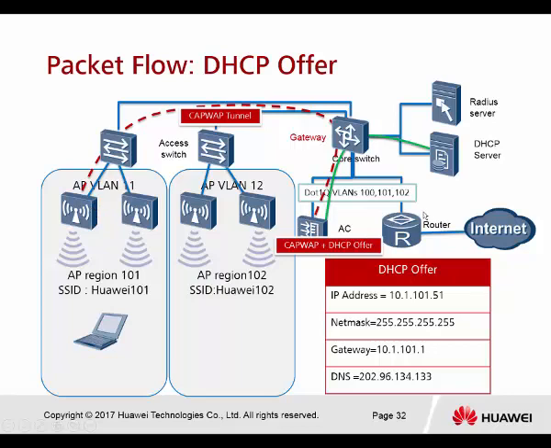After the AP receives this DHCP offer through the tunnel, it removes the CAPWAP information and sends the DHCP offer to the user. So this is how our PC gets the IP address.